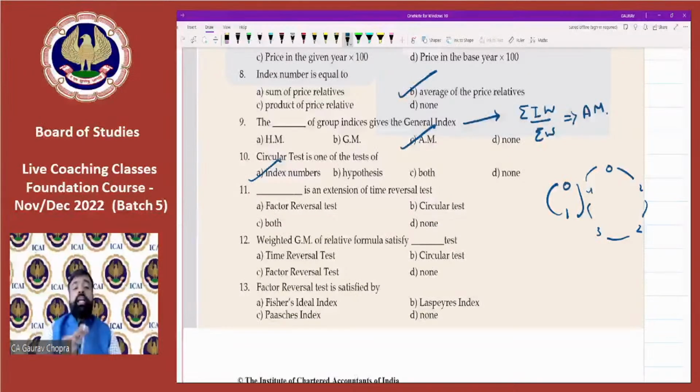There can be any number of years. So circular test is basically an extension of the time reversal test. Then weighted geometric mean of relatives satisfies the time reversal test.